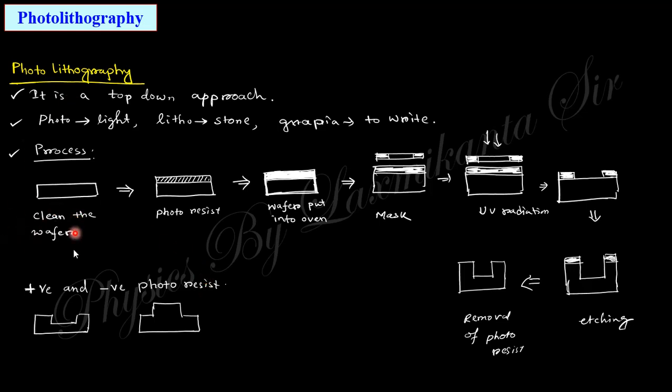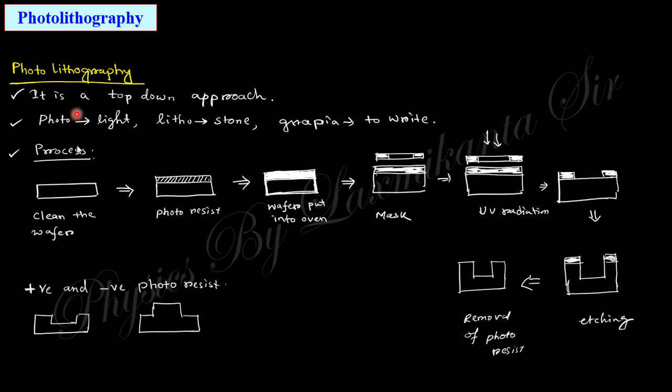You have a clean silicon wafer or any wafer, coat it with a photoresist and bake it in an oven. Using a mask, if you irradiate with UV, the masked regions are protected and the exposed photoresist material is eliminated. Now if you etch, this region will be etched, and if you remove the photoresist material, you will get this type of final structure.